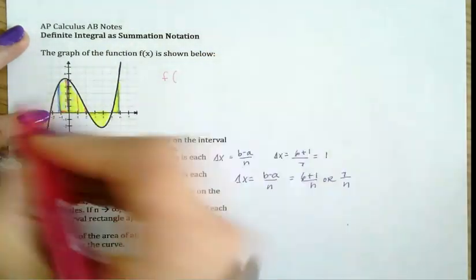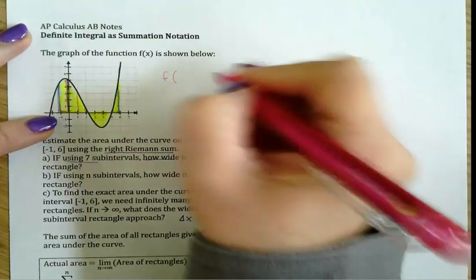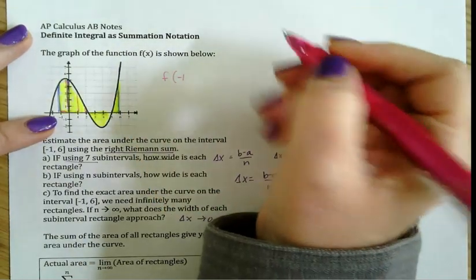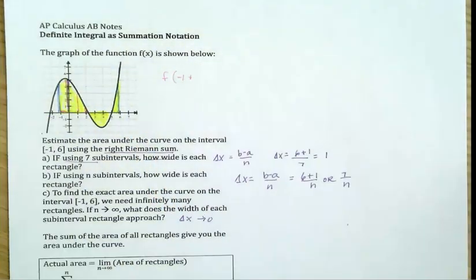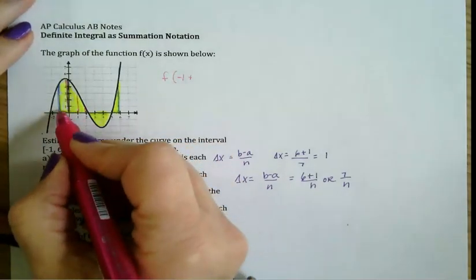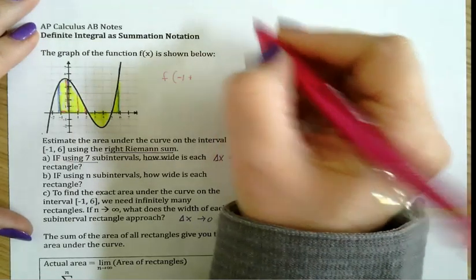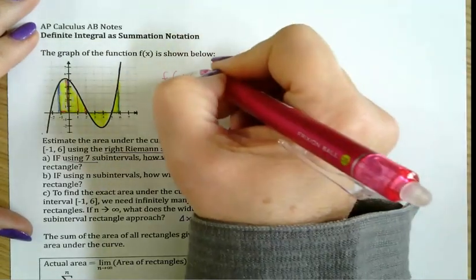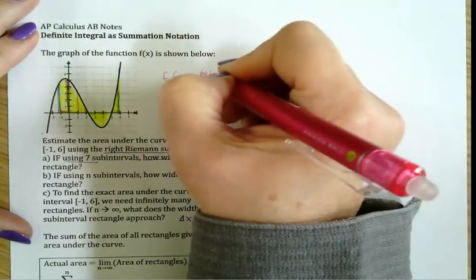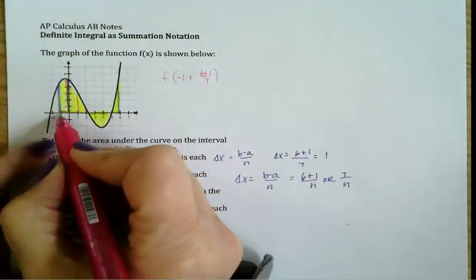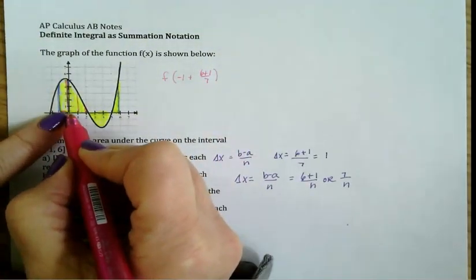Hopefully you can see that we would start at our first function value, which is -1, and then we would add the increment, which is however much this distance is to get us to the next value. That would be the width of the rectangle, so that's going to be 6 plus 1 over 7. And that would get me to here.